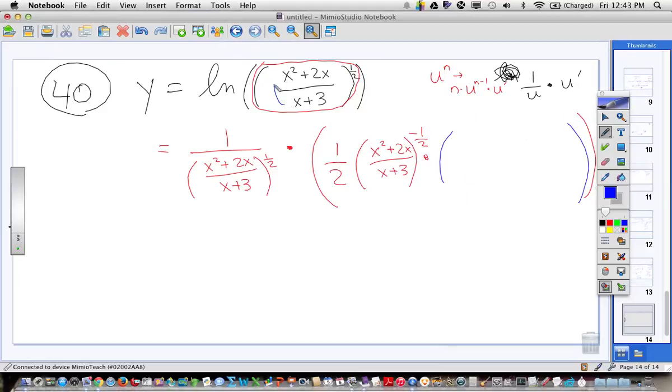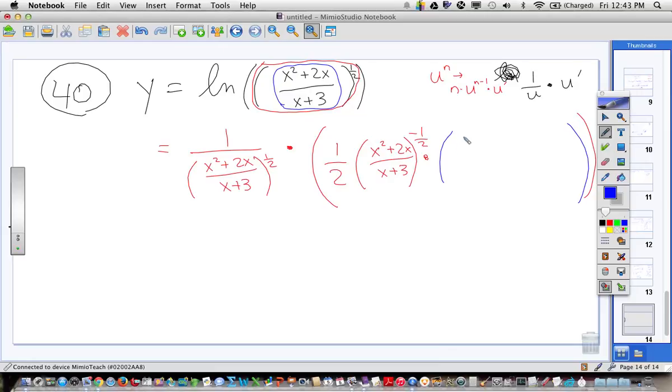So now I'm only looking at the blue thing, right? Now I've got it down to all I care about is the thing in blue, because I'm now doing the derivative of the inside. So I was doing the red, so I did the power, brought it down. Now I'm doing the blue. So the derivative of that is a quotient rule.